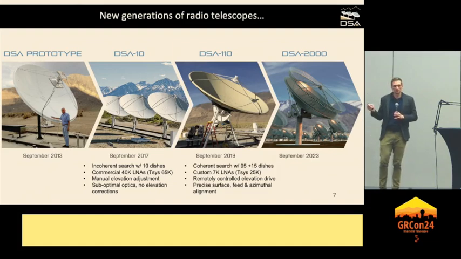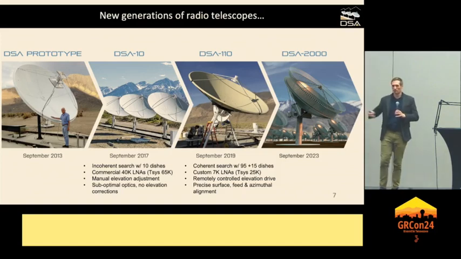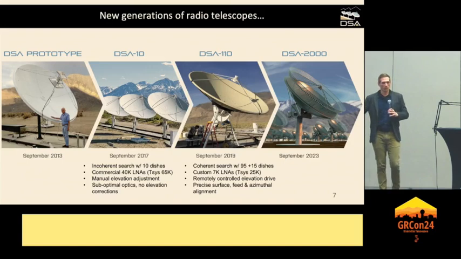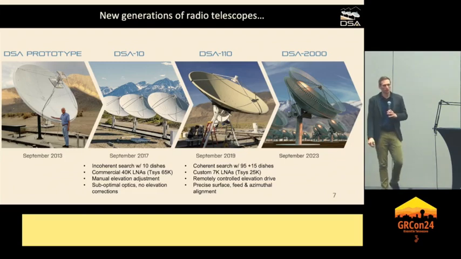These were literally ordered on Alibaba.com. I think they just arrived in California. We set them out, and they wouldn't move. There's no motor, nothing. They just point at the sky, incoherently sum together. We get great spectra. We detect what are called fast radio bursts, which are transient astronomical signals.